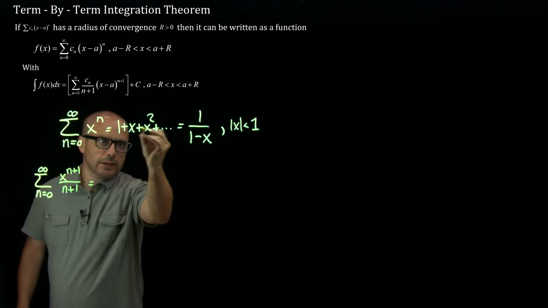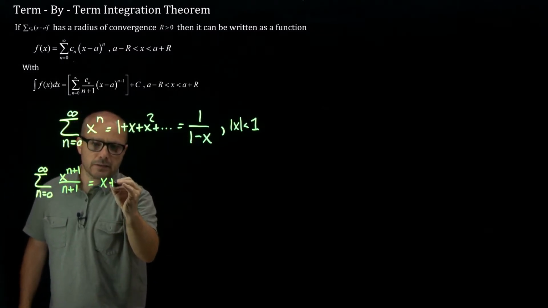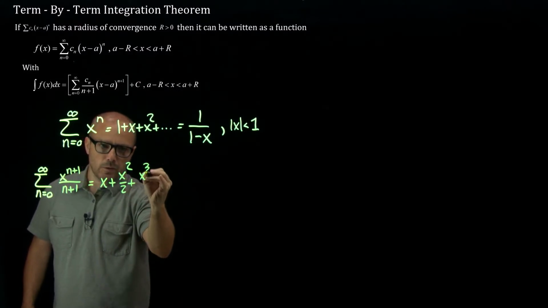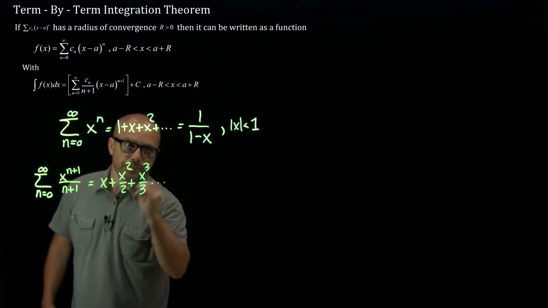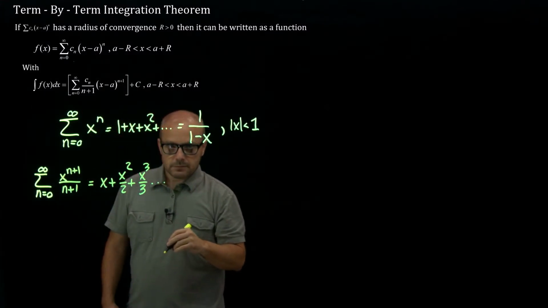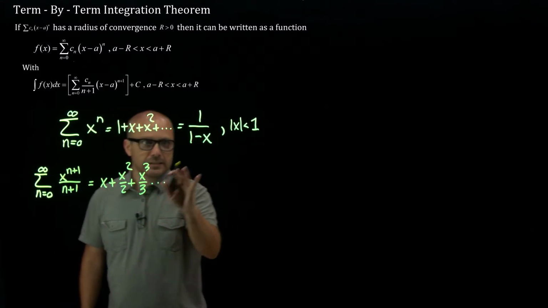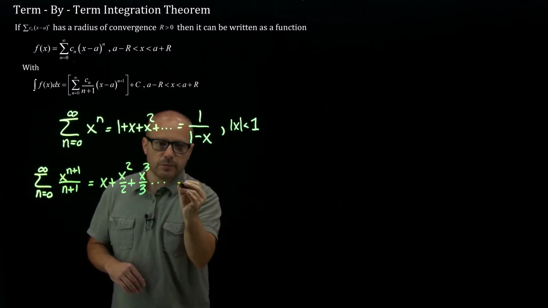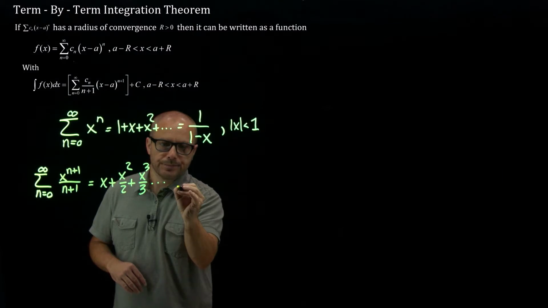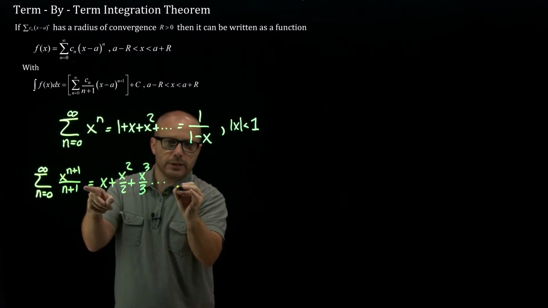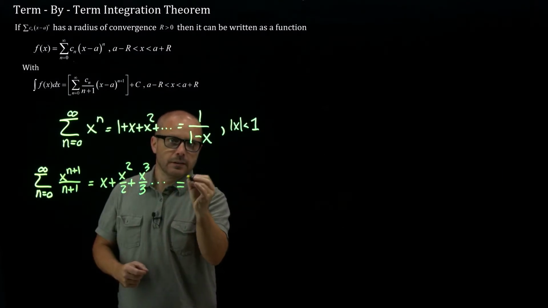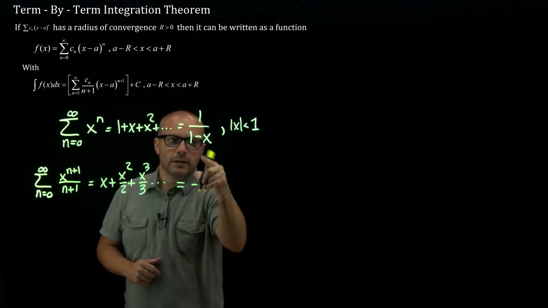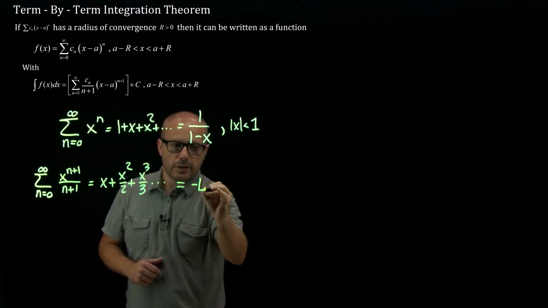Or thinking of it term by term, that's x plus x squared over 2 plus x cubed over 3, and so on. Plus a constant. I'll go ahead and put it on the other side. Since I have an equal sign, I could really put the constant on either side. But since I forgot to put it here, I'll just put it on the other side. Integral of that, power rule, that's to the -1. But by chain rule, I have to divide by -1.